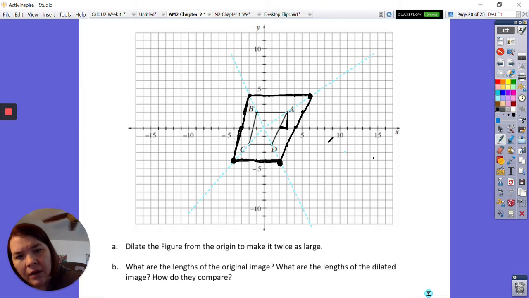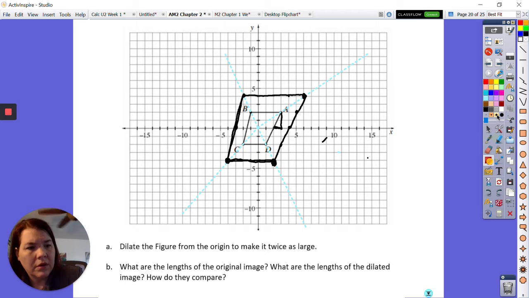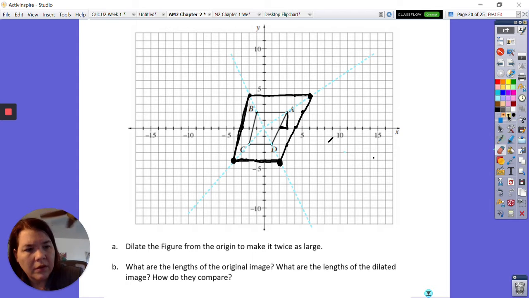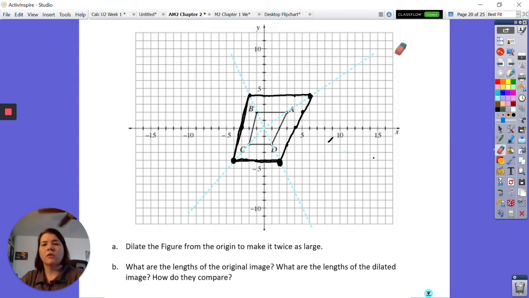And there is my new shape. So I'm going to go ahead and erase the triangle I drew over here, just kind of get it out of the way. So that's how you do it.